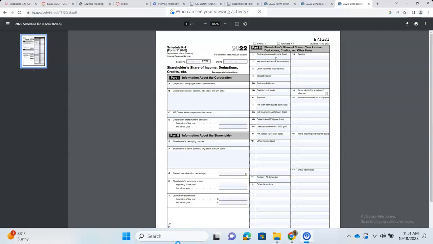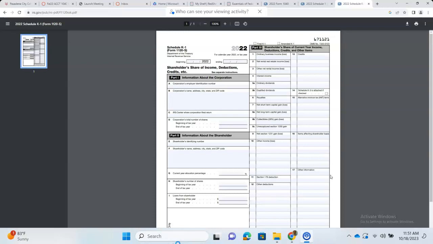And then ordinary business income and all those boxes you see, there might be a number in it. Some of them will be blank, but a few of them will have some number. So all those numbers, you have to make sure they go in the software exactly in the right place.